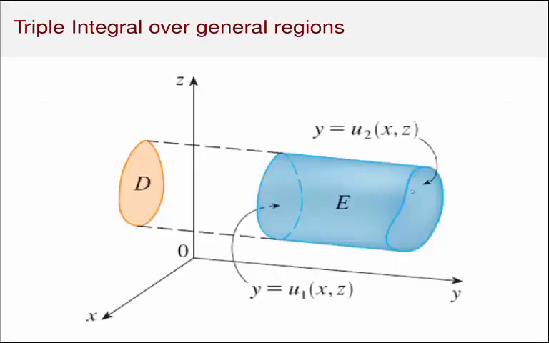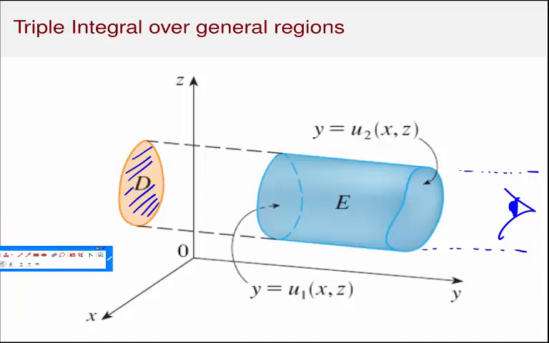Here's how we can visualize a type 3 region. Suppose we put our eyes at the positive y-axis and imagine they are rays of light parallel to the y-axis going towards the solid E. Then the shadow of the solid on the xz plane will be the projection D of the solid. Okay?